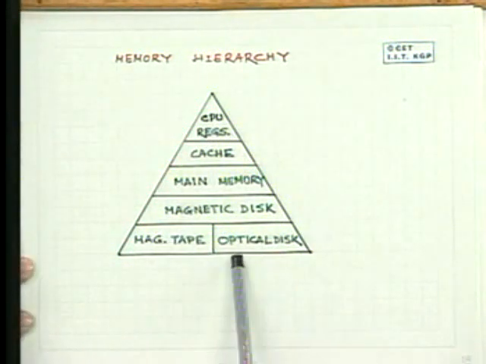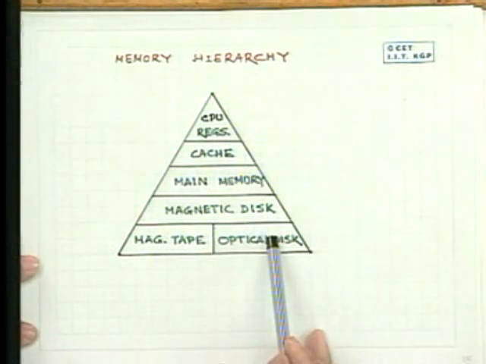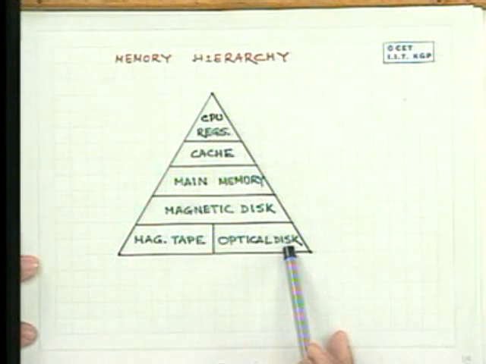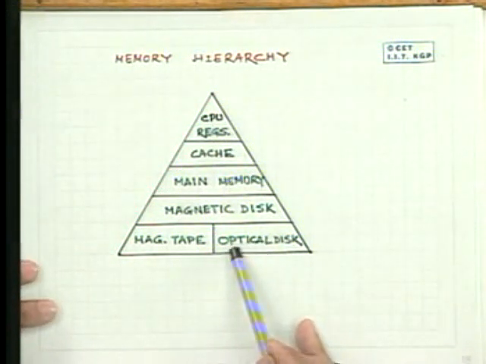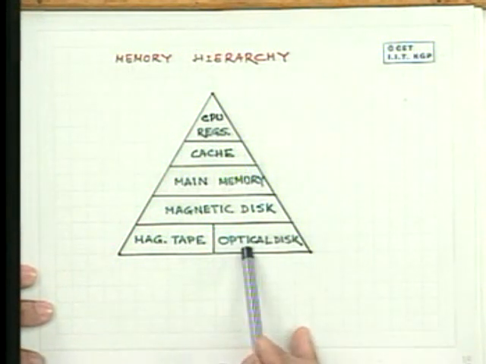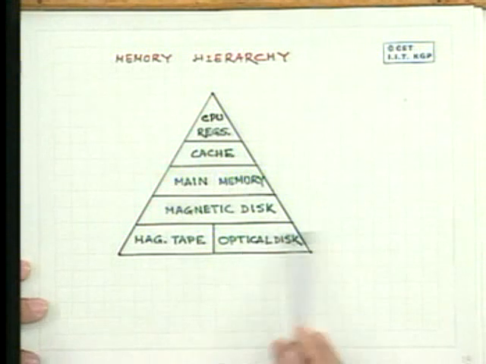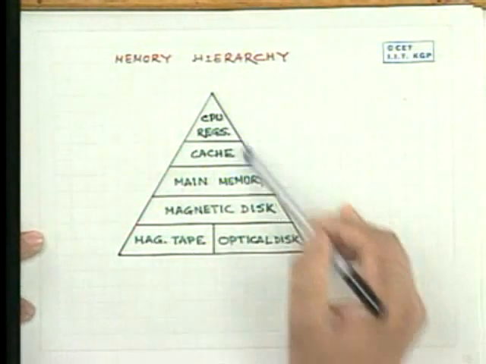And as you have seen already, in the case of an optical disk, it is read mostly, write once, so we use this for archival purposes or, for example, for transferring software from system to system. That is the situation so far as our memory hierarchy is concerned.